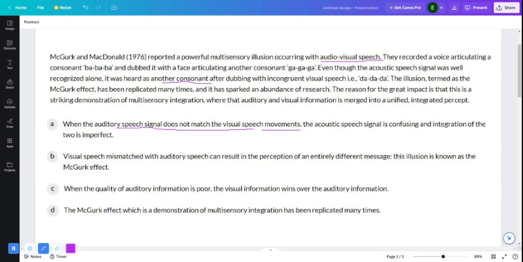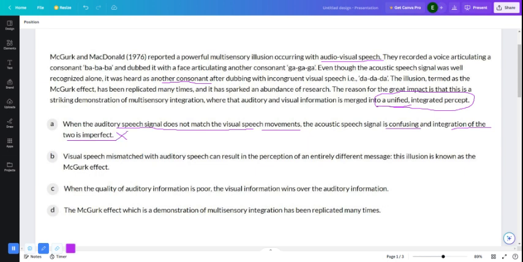But here it has been said that the auditory and visual information is merged into a unified integrated percept. So why should there be any confusion? Integration of the two is not imperfect, it is perfect, balanced and unified. You cannot distinguish between them when you are seeing them together. So this is a wrong option.